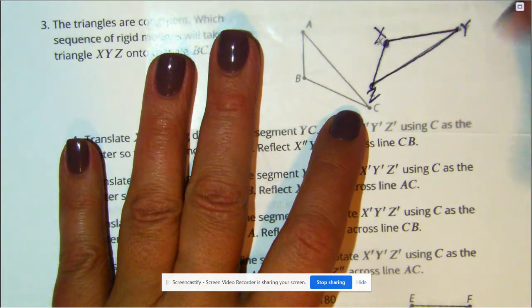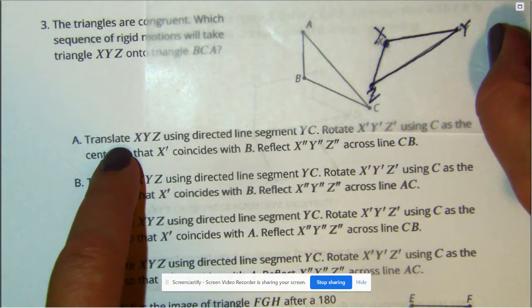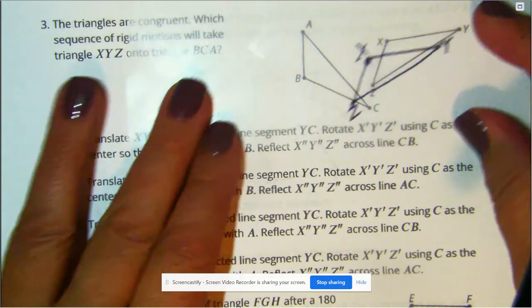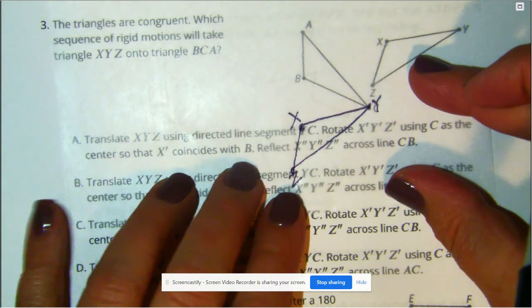Okay, let's try letter A. Translate XYZ using directed line segment YC. I'm going to slide from Y to C. Boom, I can still read under here.